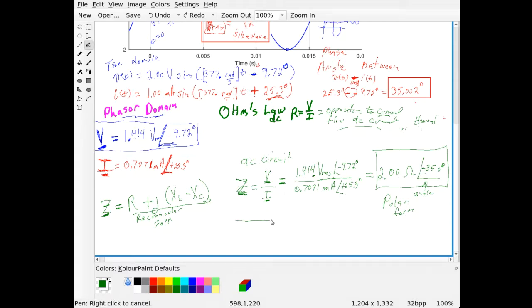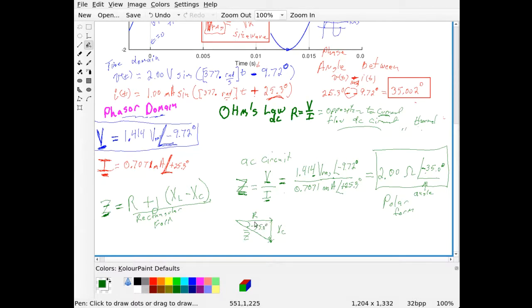All right, so I have resistance, and I have capacitive reactance, and so the impedance is the hypotenuse of this triangle, and the angle is minus 35 degrees.